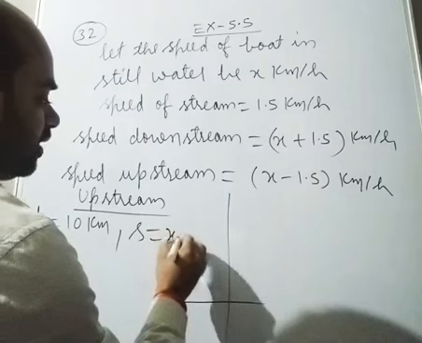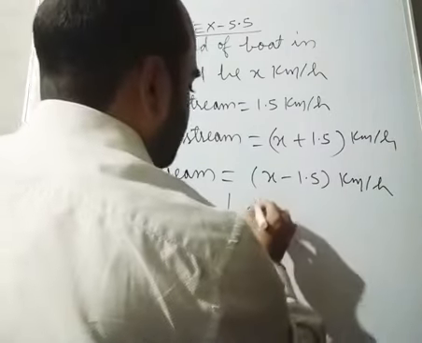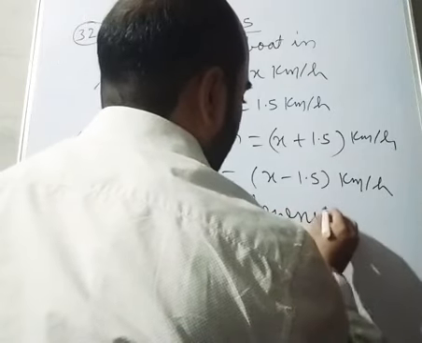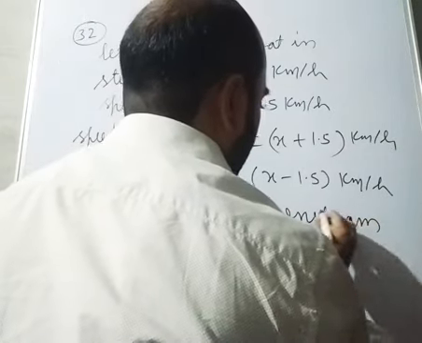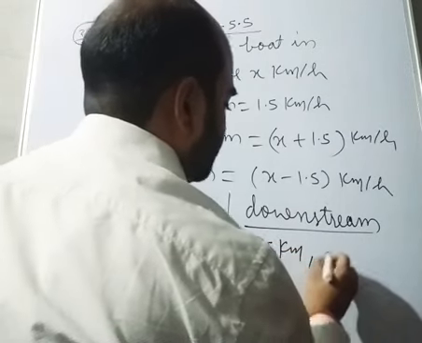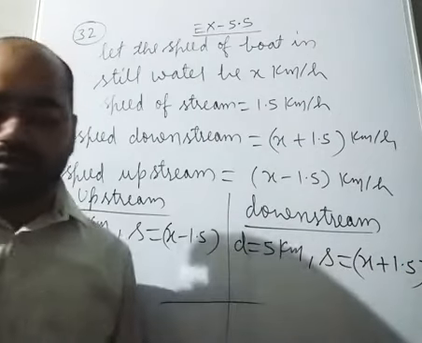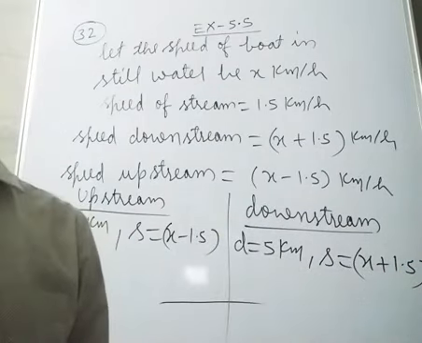Speed we have calculated, x minus 1.5. Correct? For downstream, distance is 5 km. Speed we have calculated, x plus 1.5. Correct? Now total time is given, 6 hours.